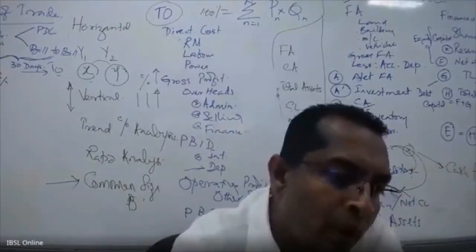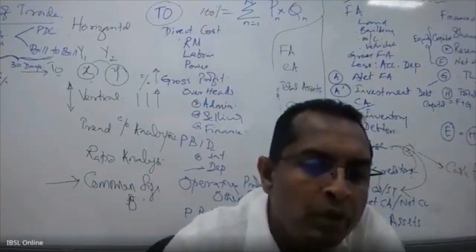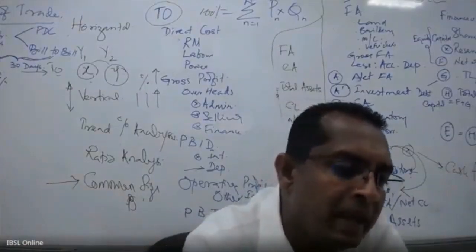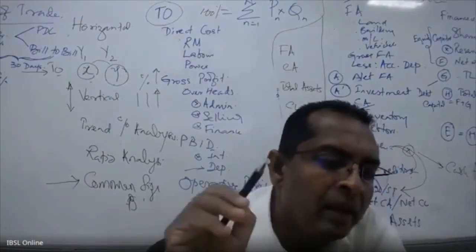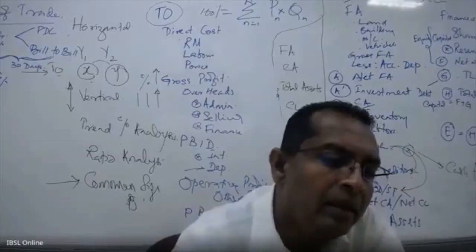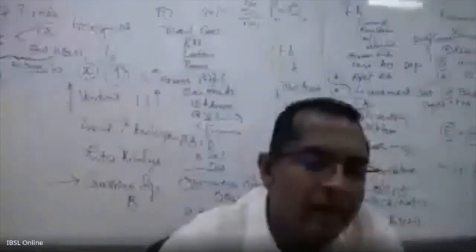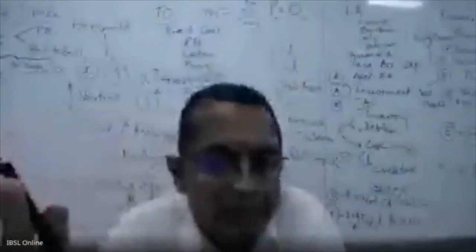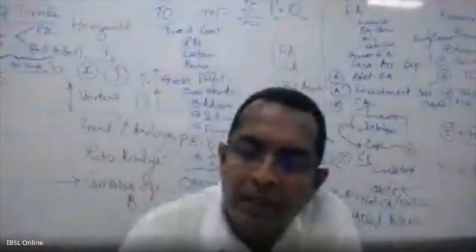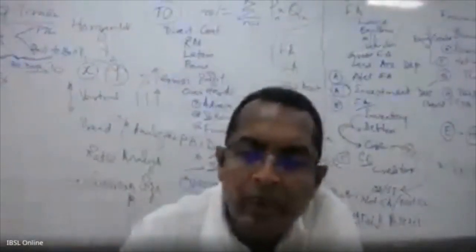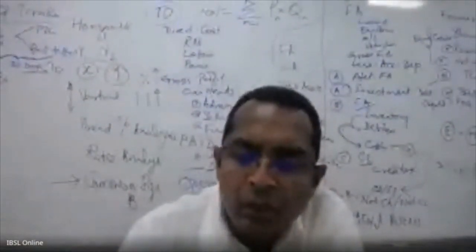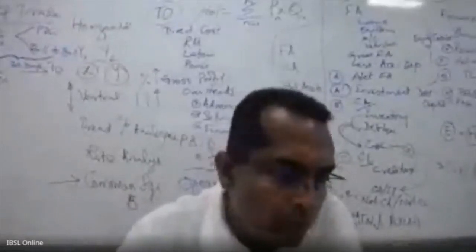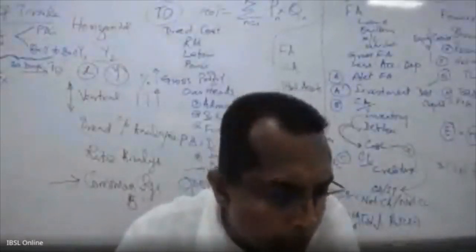If you have the details, don't just take current assets minus current liabilities, but take these items separately and divide by current liabilities. These are the more liquid items, right? Quick assets. This should be above 1. Current ratio should be above at least 2, right? In the range of 2.